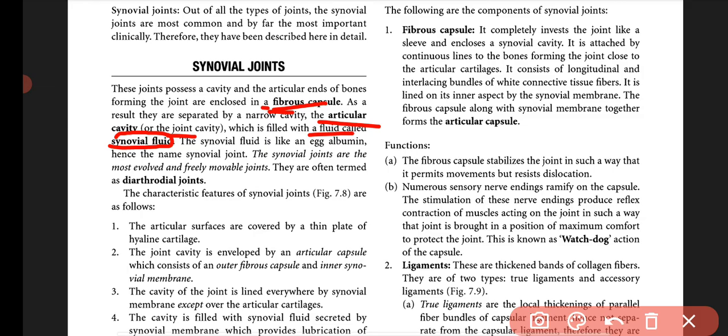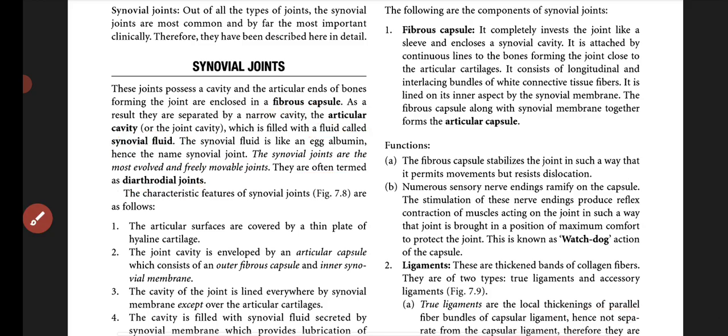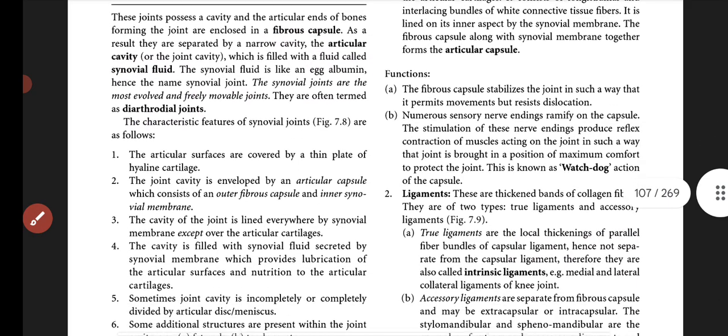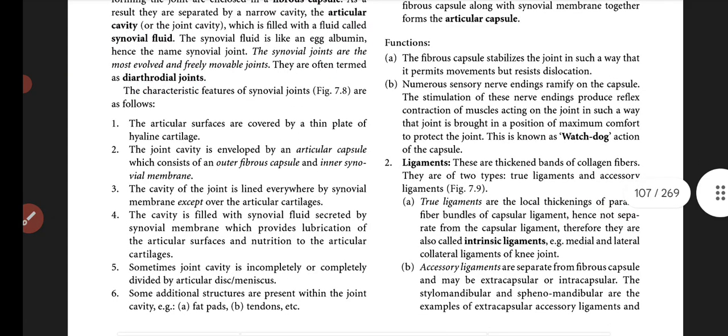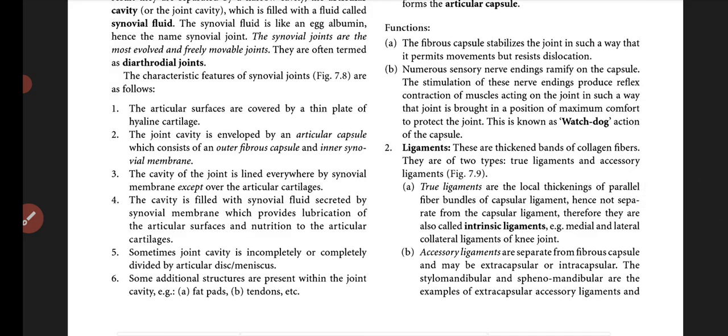The joint fluid is like egg albumin. Here the name is the synovial joint. The synovial joints are the most evolved and freely movable joints, so often termed diarthrosis joints. The features of the synovial joint: the articular surfaces are covered by a thin plate of hyaline cartilage.